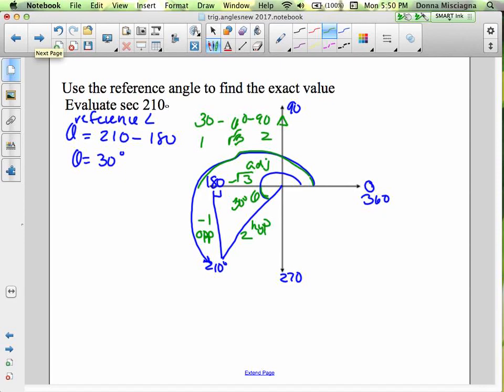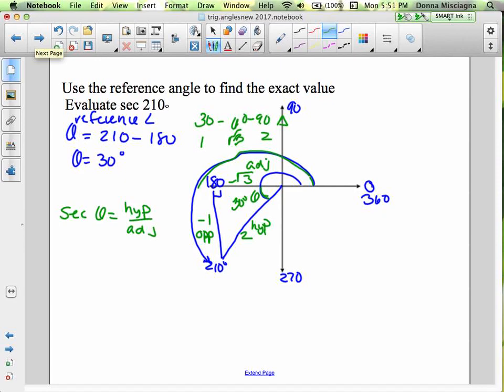We want secant. Secant theta is the reciprocal of cosine, so this is going to be hypotenuse over adjacent.